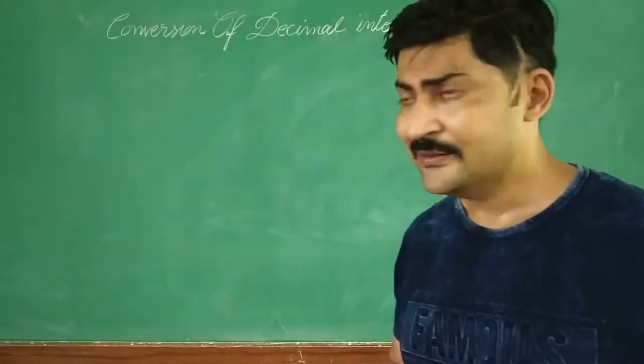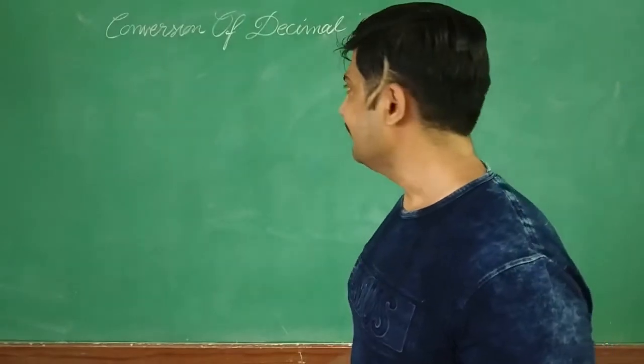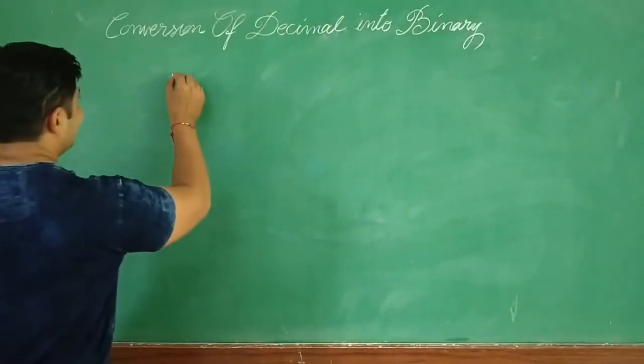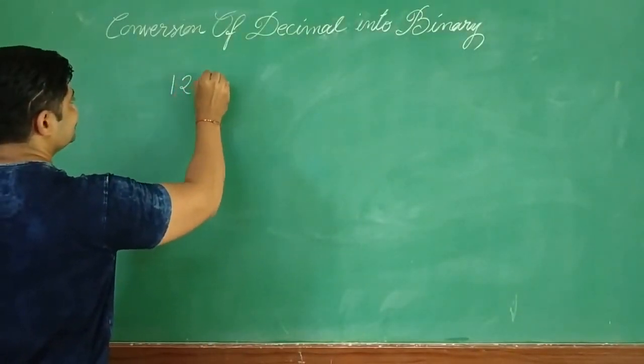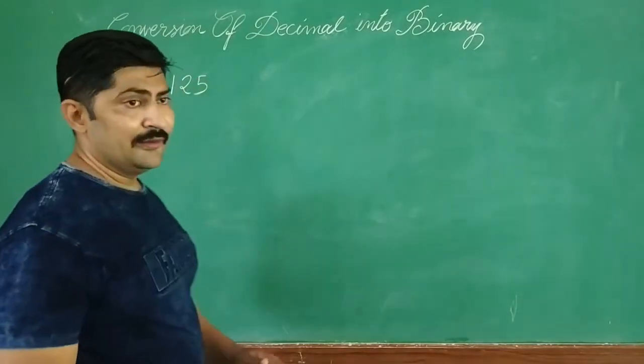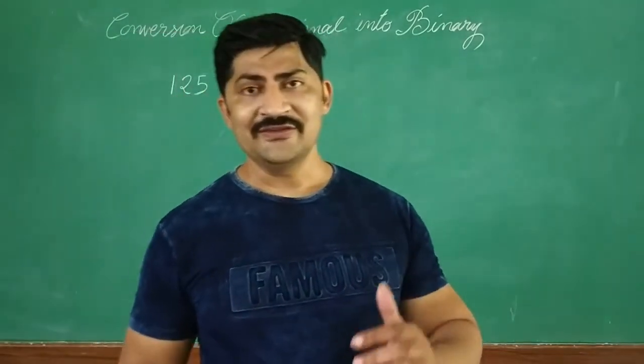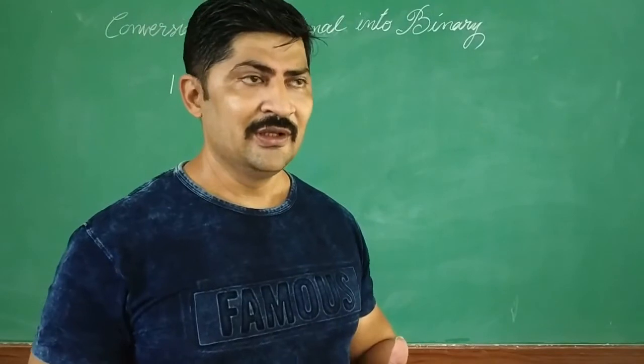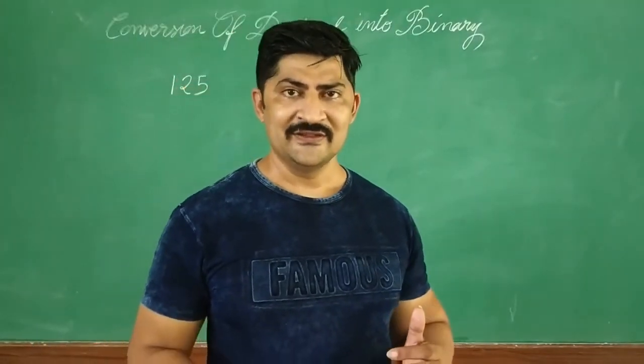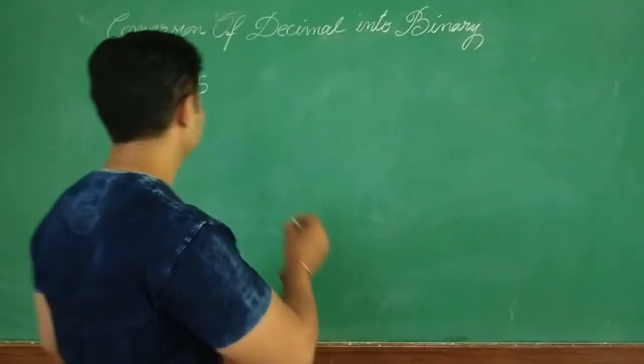So let's begin. For example, the number given here is 125. To denote that this is a decimal number, a suffix 10 is used.